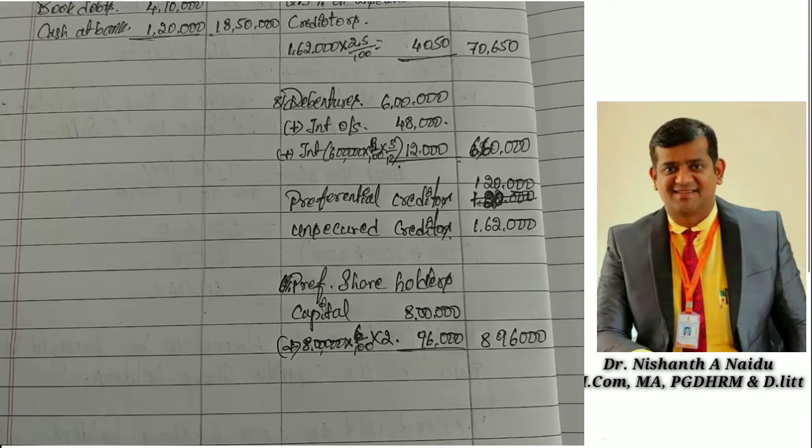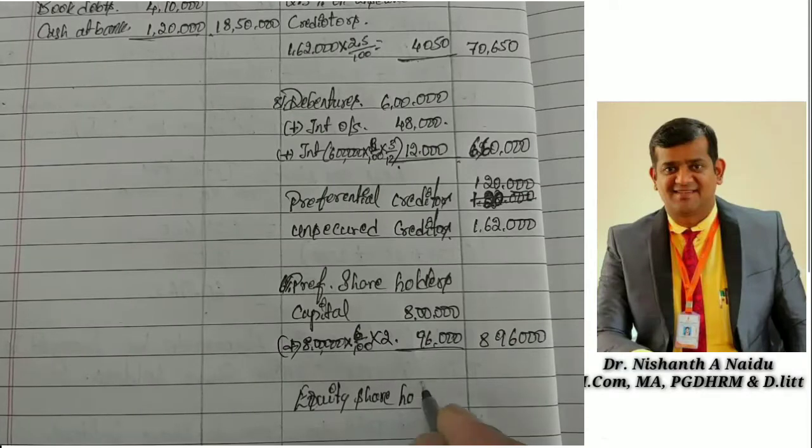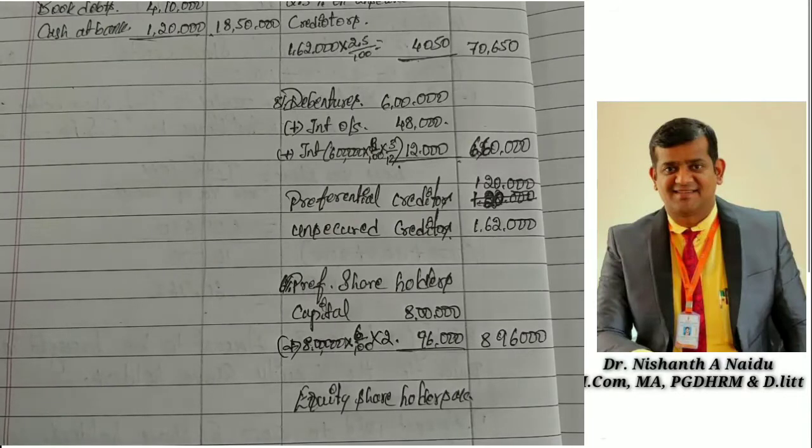Now we have to find the equity shareholders' share. So next is the equity shareholders account. We have to transfer the money to the equity shareholders account, but we cannot transfer it directly.